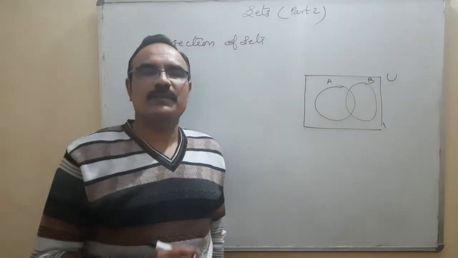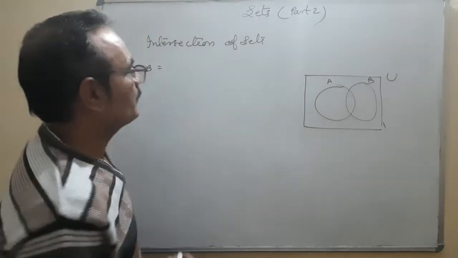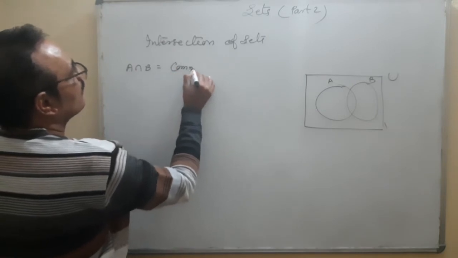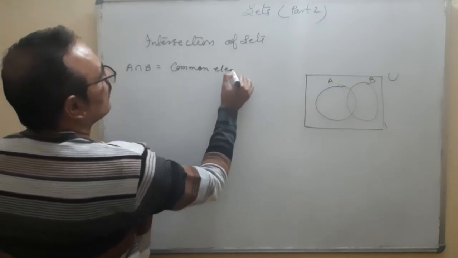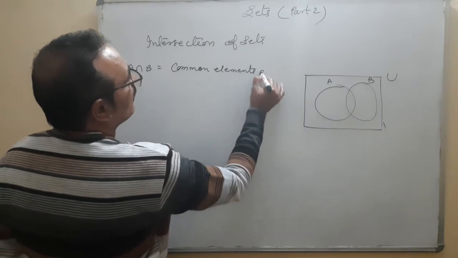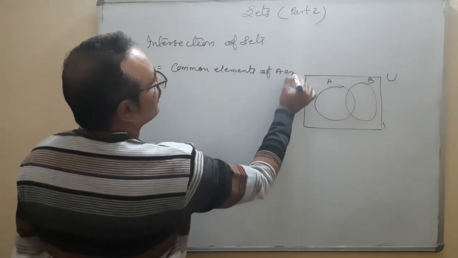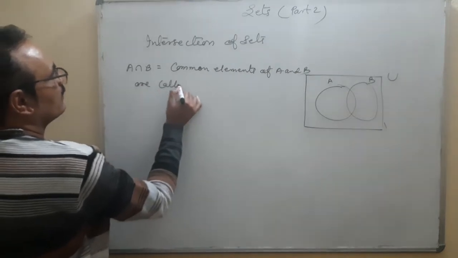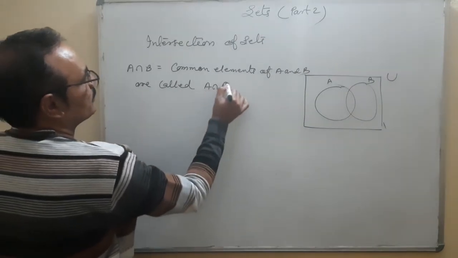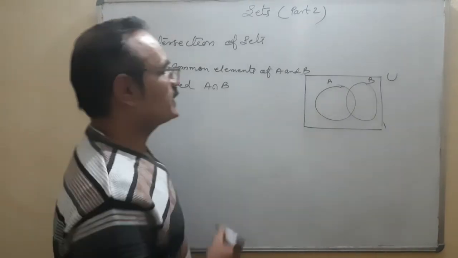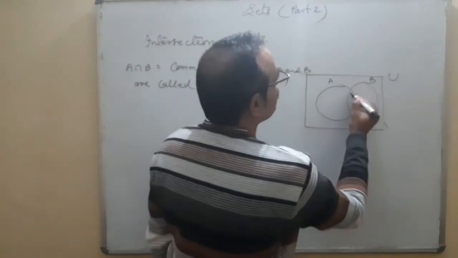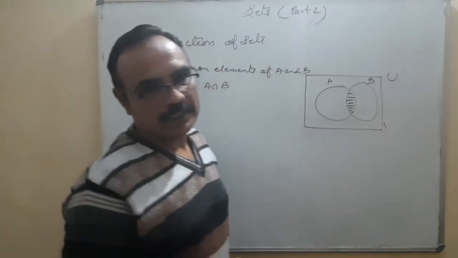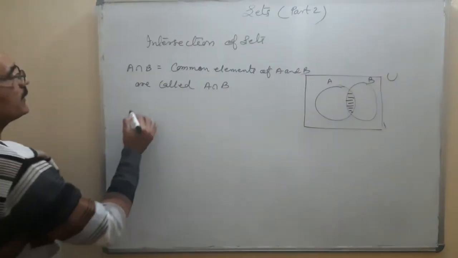Common elements present in A and B. So that means the common elements of A and B are called A intersection B. You can see which portion is common here. This portion is common. So the elements which are coming here are called A intersection B. Here are the properties.